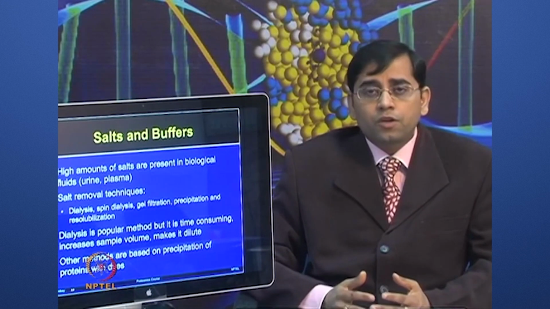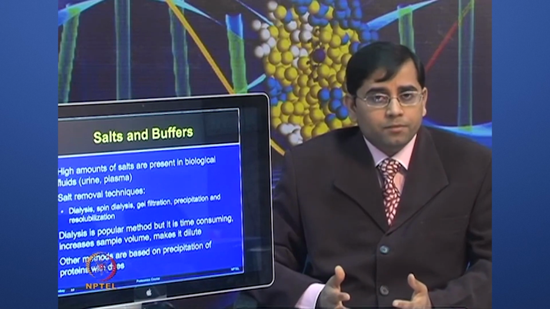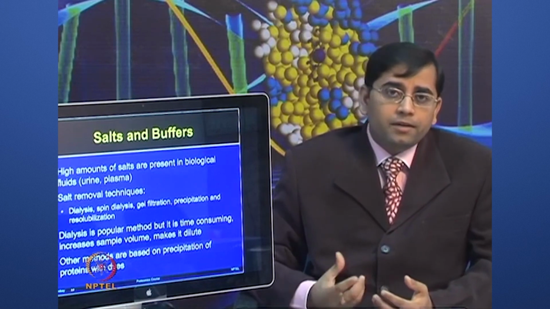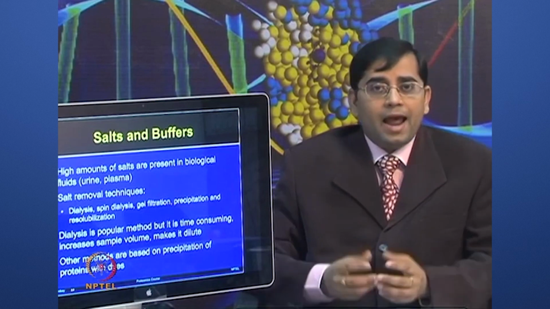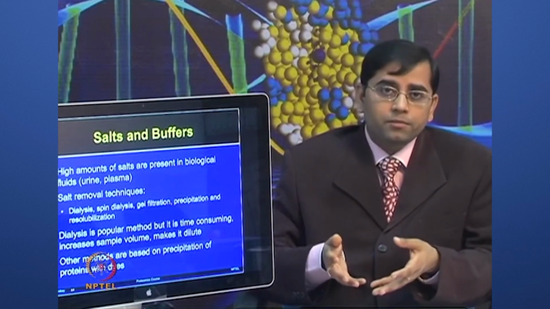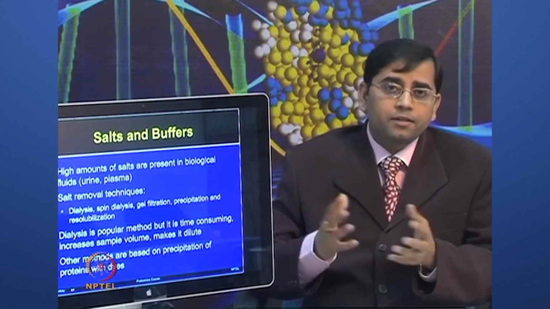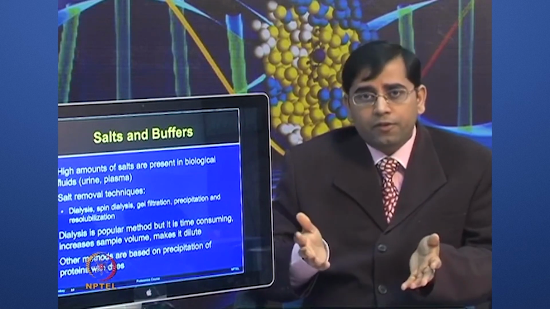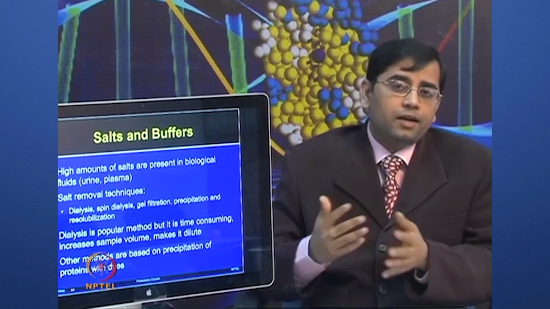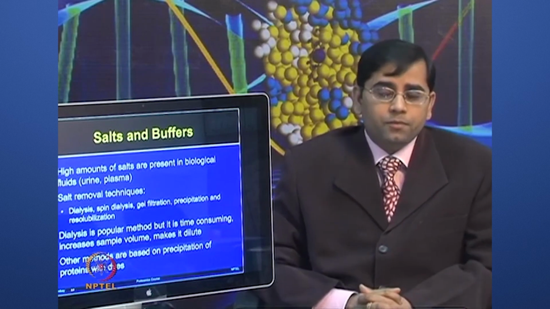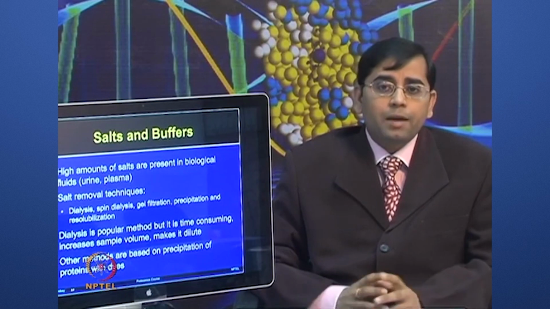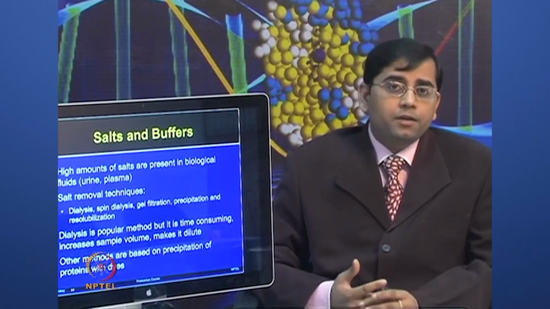Dialysis is one of the most commonly used methods, in which you add your sample, the protein along with salt or other interfering components, in a dialysis membrane, and in water or a different buffer condition the salt can slowly be eliminated. The only problem here is that your sample volume can become very dilute.